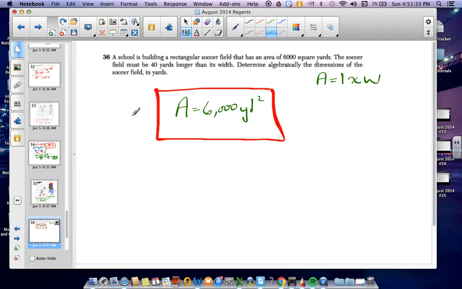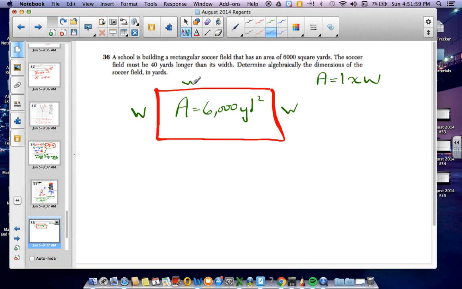And it says the field must be 40 yards longer than its width. So we can use a few different letters here. We can use X and different things like that. I'm going to use W for the width. Now, if the length has to be 40 yards longer than the width, and if I call the width W, how would you represent 40 yards longer than that using the same letter W?